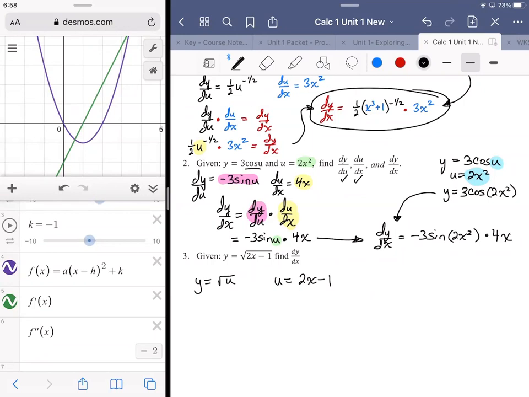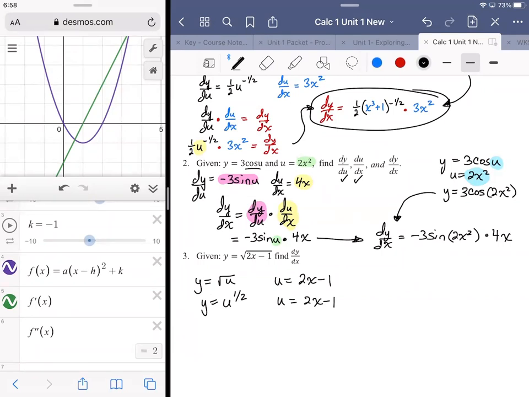Sometimes, I'm not going to lie, you'll define your u thinking that you have it all figured out, and then you'll get down to business and realize that's not quite what you were hoping for. Let me try something else. But the benefit of writing it this way is if you have y equals u to the 1/2, that's power rule ready, as I like to say. Where u is equal to 2x minus 1, we're ready to rock and roll.